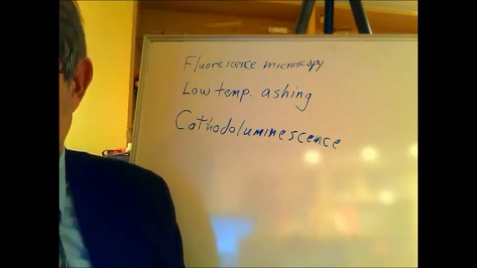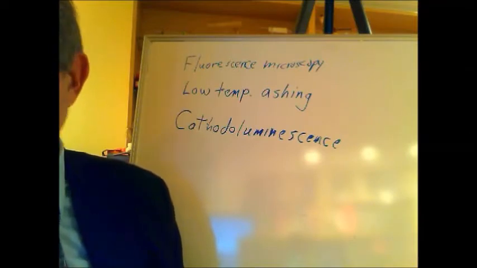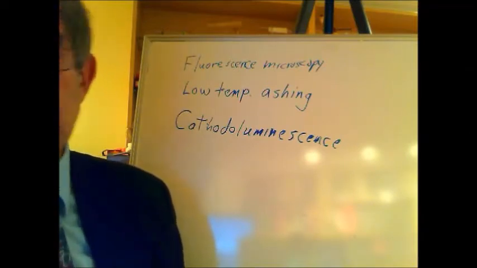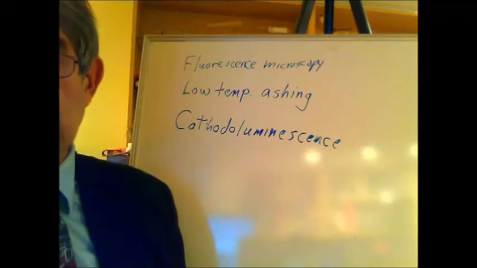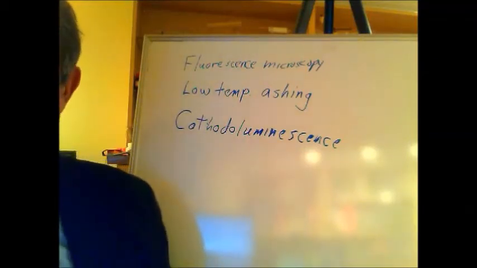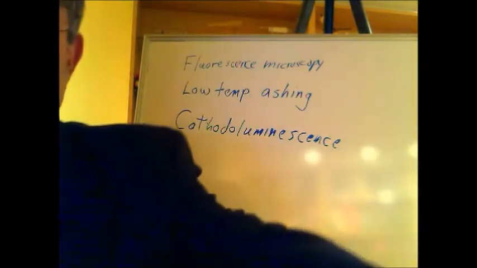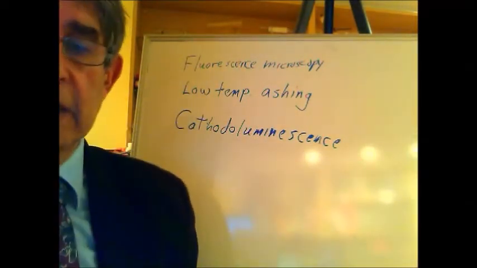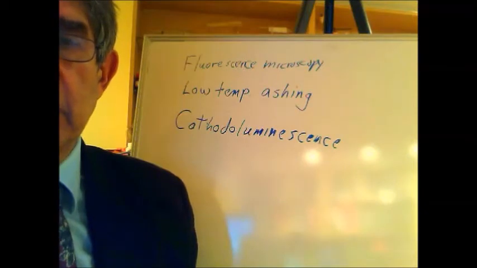When that happens, they'll emit visible light that can be detected using specially equipped optical and scanning electron microscopes. These are techniques that are frequently used to augment the other techniques described in your book.